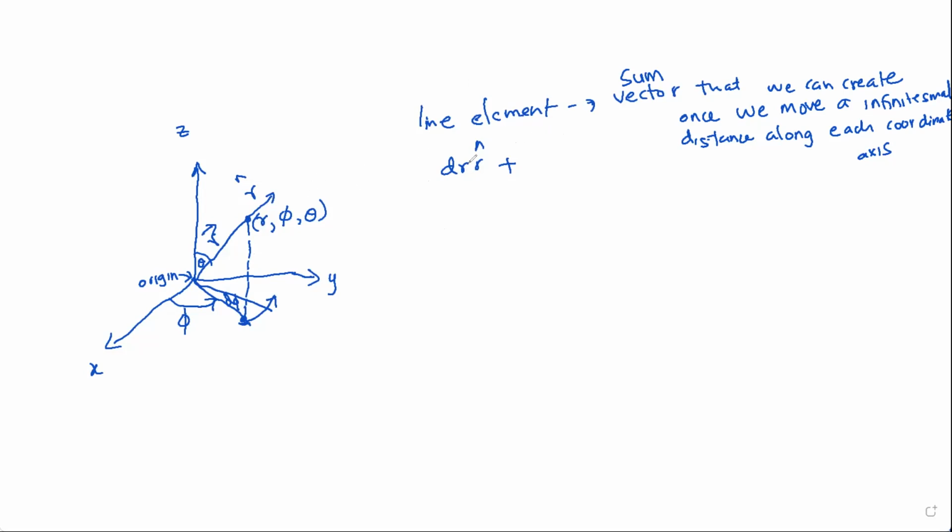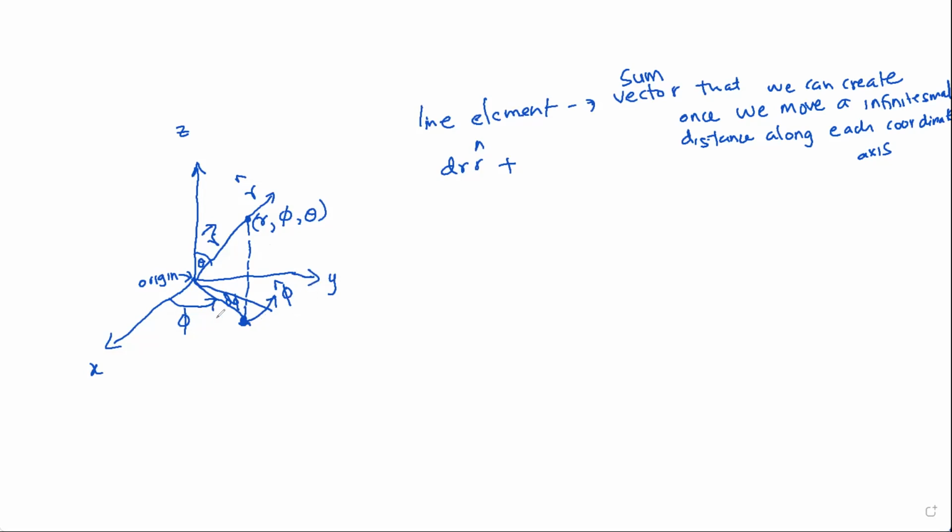So the smallest distance we can go along the phi direction is the angular distance we can move from the starting point towards the phi hat direction. So phi hat direction is the tangential distance we can move along the phi hat direction, right?